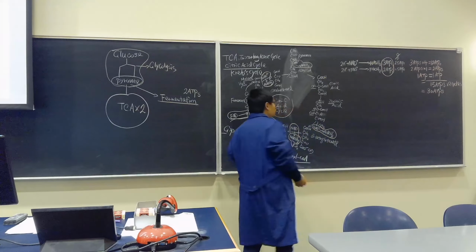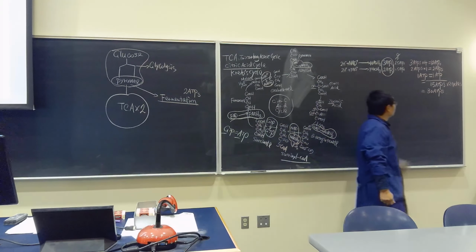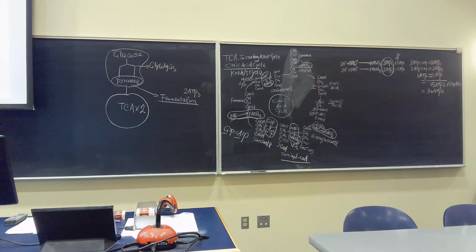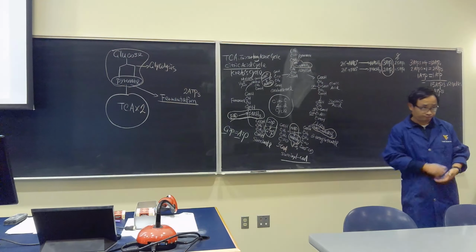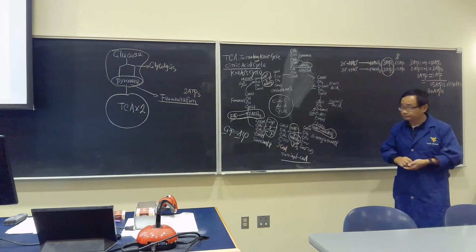Now, here is my question. With these 30 ATPs, how many are coming from oxidative phosphorylation? How many come from substrate level phosphorylation? Even if you don't know, it's very simple.